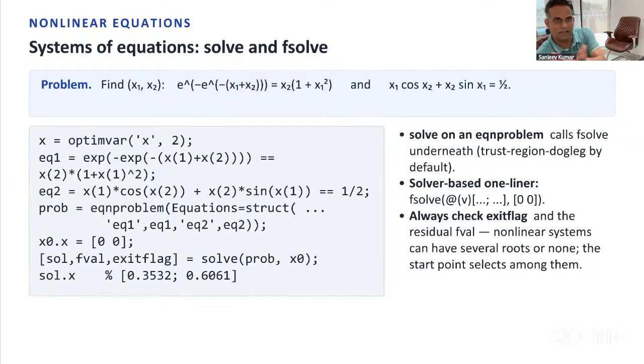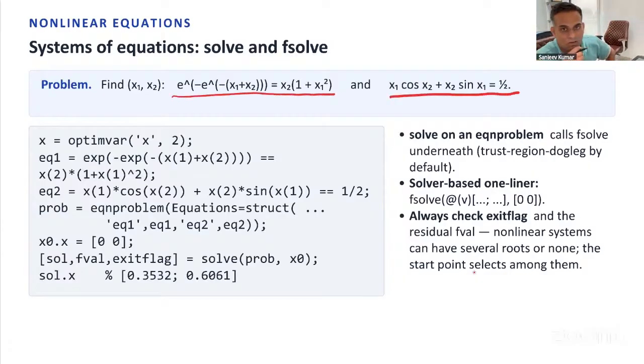Let us say you have a system of equations: find x1, x2 for these two nonlinear equations, which is the solution of these two nonlinear equations. In mathematical modeling, we quite frequently solve such nonlinear systems. Using the same approach, you define your function and so on, and then you can use a solver.